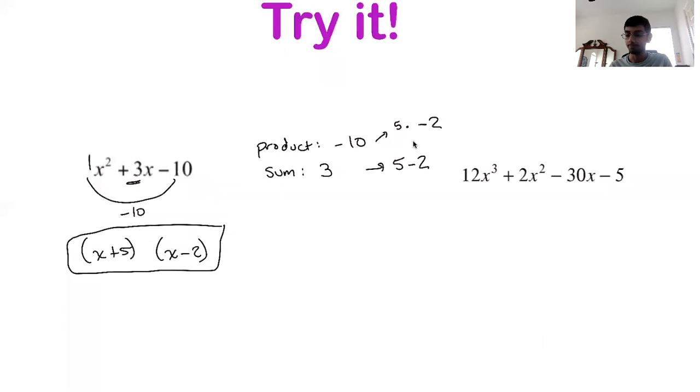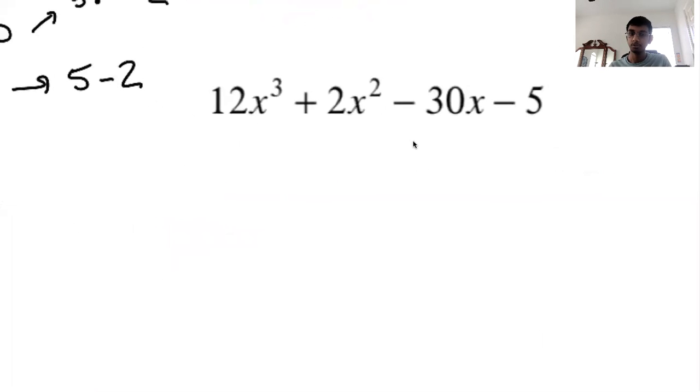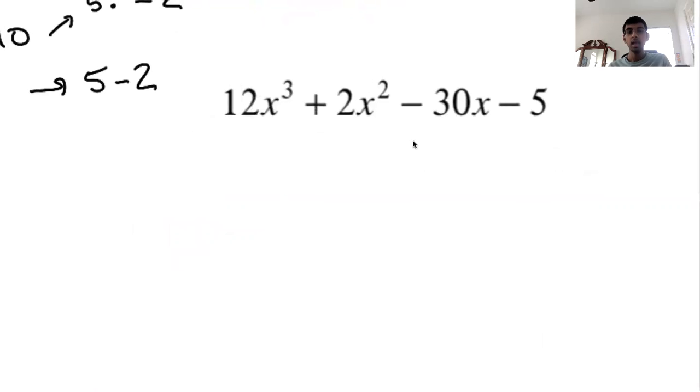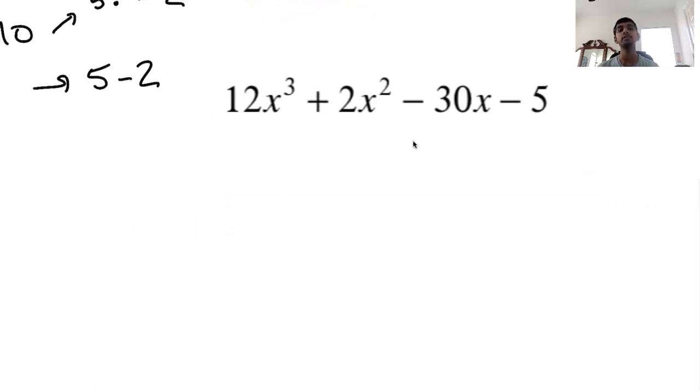Let's try another example. This one right here: 12x³ + 2x² − 30x − 5. This one is where we do factoring by grouping. Why? Because they give us 4 terms: 12x³, 2x², negative 30x, and negative 5.